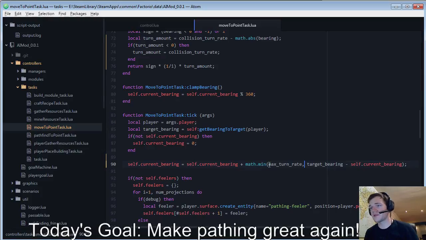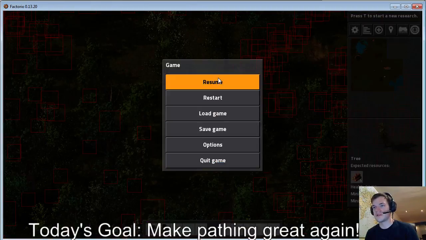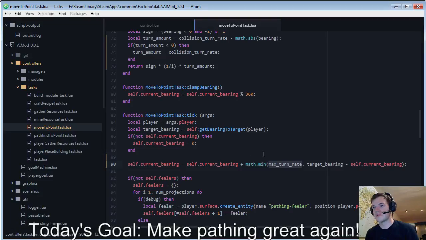So we get the difference, we math.min, so we can't go faster than the max turn rate, and then we add that, and then at the bottom we clamp it. So if we need to turn negative, it should work. All right, let's. This is going to be a negative number, isn't it? Potentially. If my bearing is greater than the target bearing, that's going to be a negative number.